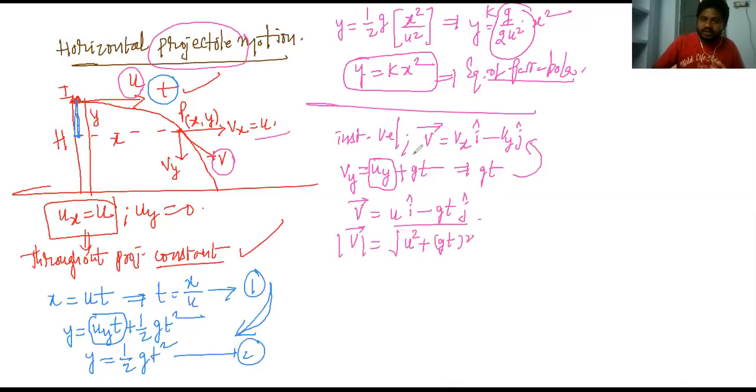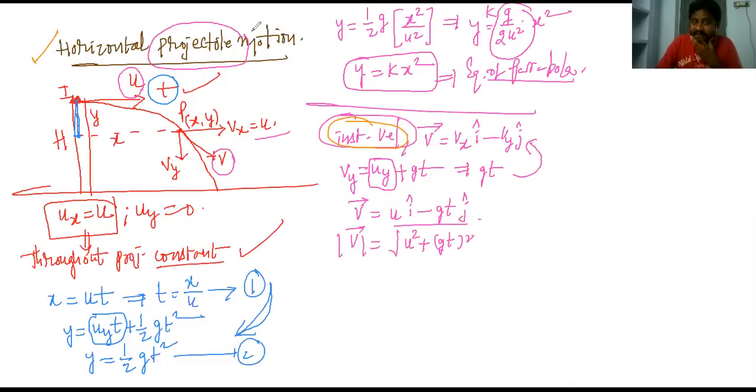This is the instantaneous velocity of a horizontal projectile motion at an instant. Clear? Here also you can find the concept called time of flight.